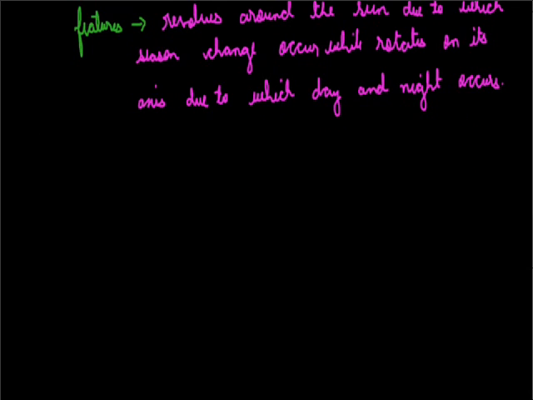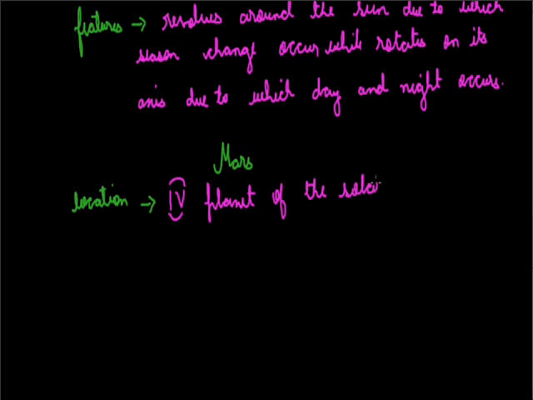Now we will study about Mars, that is the fourth planet of the solar system. Mars is also known as red planet due to its reddish appearance.